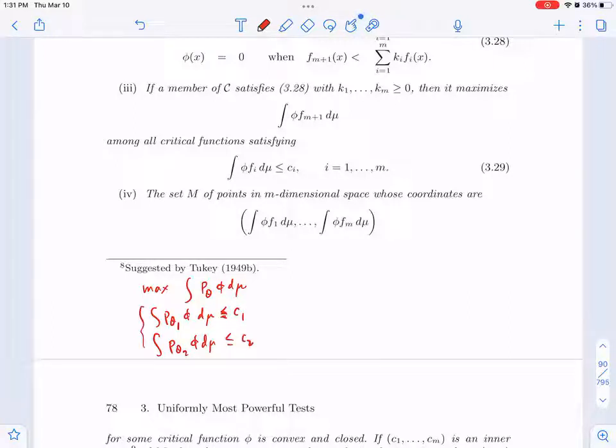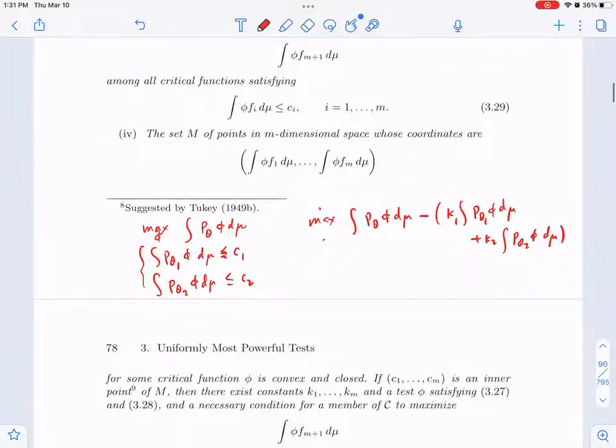I can introduce 2 Lagrange multipliers. Okay, I can maximize instead over phi the integral of p theta phi d mu minus k1 times the integral of p theta 1 phi d mu plus k2 times the integral of p theta 2 phi d mu.